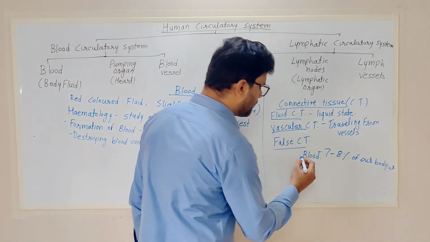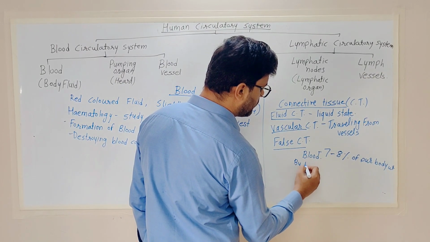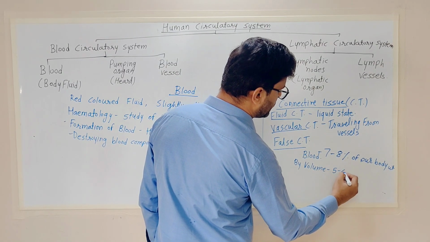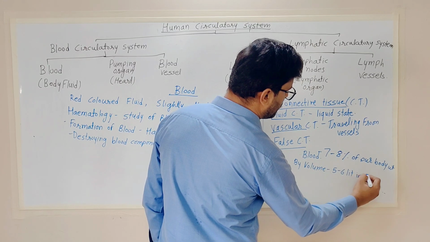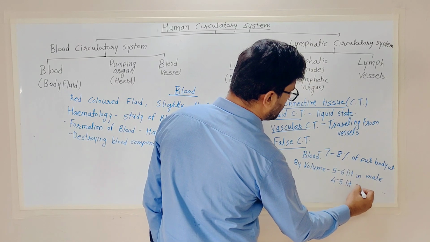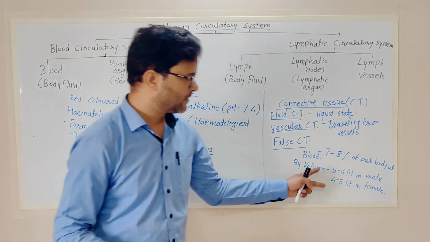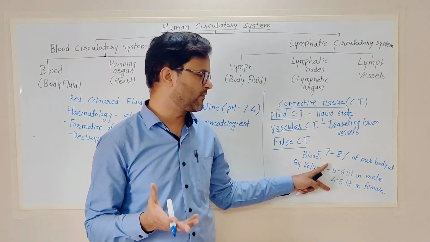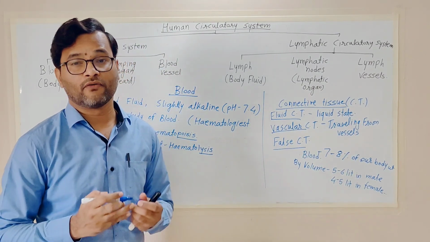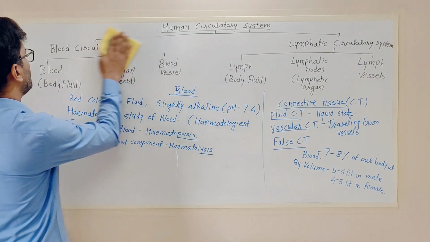Then by volume, it is 5 to 6 liters in males and 4 to 5 liters in females. So by volume these are the two different values, and by body weight it is 7 to 8%. Now what are the components of the blood? We will discuss that next.